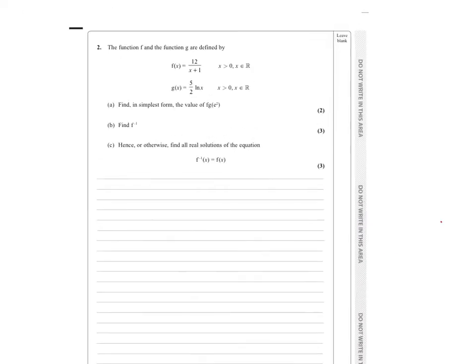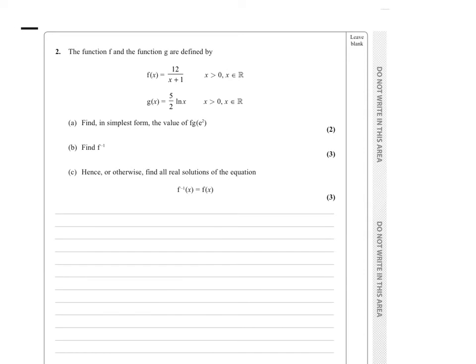Okay, question 2. The function f and the function g are defined by f of x equals 12 over x plus 1 and g of x equals 5 over 2 ln x. Find in its simplest form the value of f of g of e squared. Well, first of all, I need to find f of g.